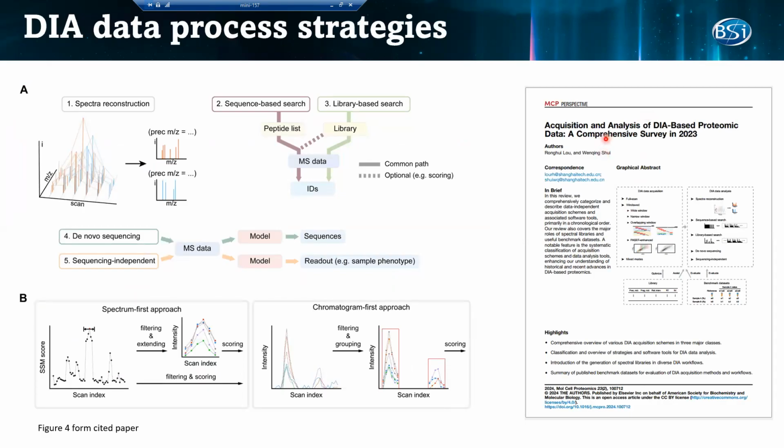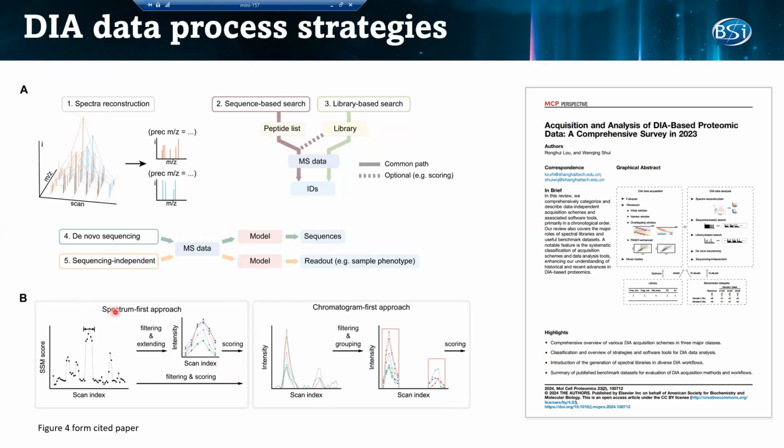So that's why we have the DIA solution. I think this is a very good paper from last year, in which Professor Shui discussed many parts of DIA. Here they list the DIA data processing. Whatever software you use, we can usually divide DIA analysis into two parts.